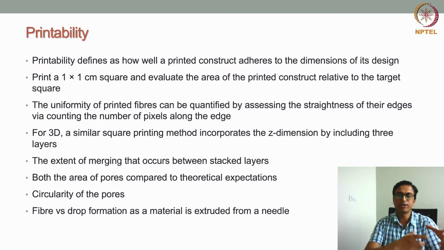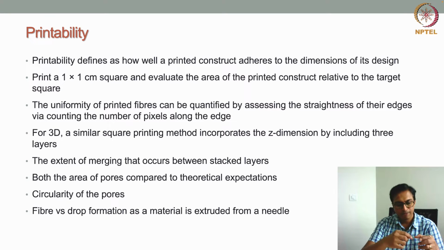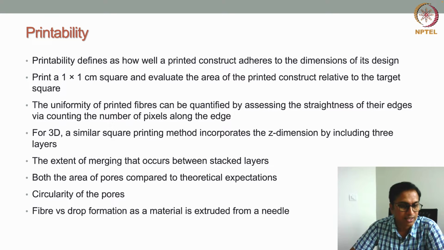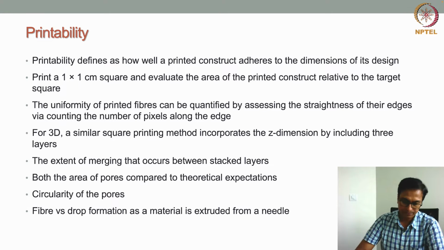Otherwise, as per the design, suppose it is a rectangle design and I end up having a circular pore, that is not acceptable for bioprinting, because that bioink cannot provide you good printability.